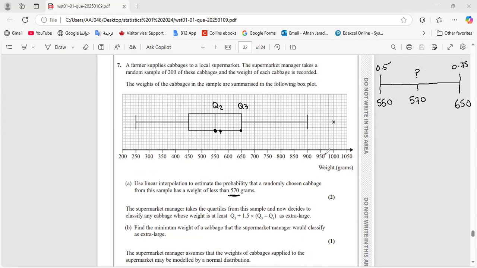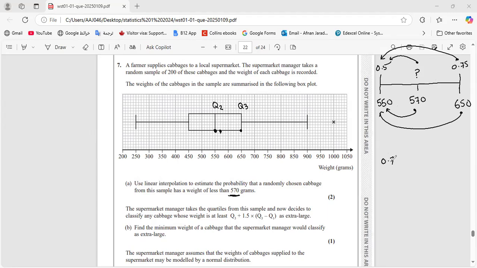To find the estimated probability of less than 570, interpolation: 0.75 minus 0.5 over question mark minus 0.5 must equal 650 minus 550 over 570 minus 550.